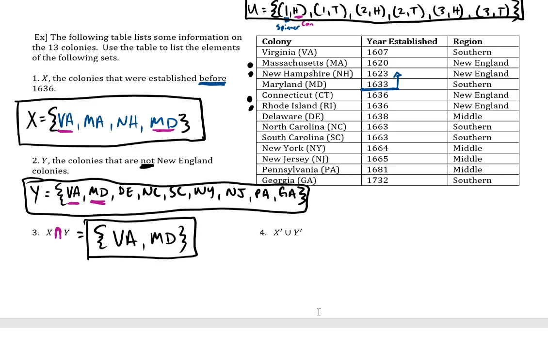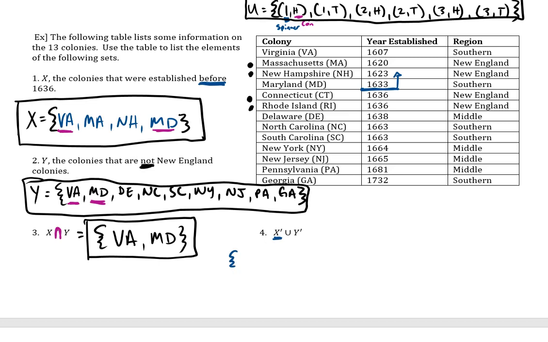Okay, and then number 4, not X or not Y. This one is where I'm going to rewrite these out. So not X. I have 4 colonies that are in X, which means 9 would not be in X. So it's all the ones that were formed in 1636 or later, maybe is the best word for years. So it starts with Connecticut.